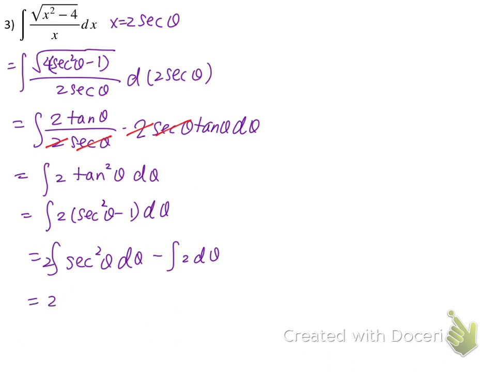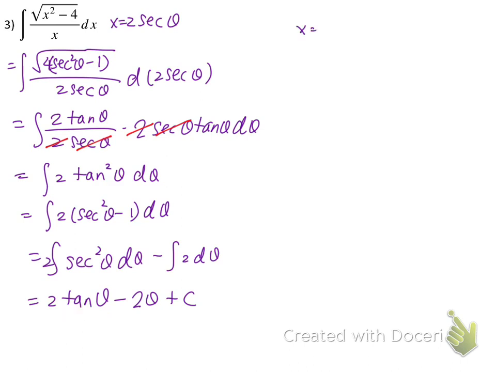So this gives me 2 tan theta minus 2 theta plus c. Then same issue, you can't leave anything in theta. Let's solve for the tan theta and the theta, pretty much.